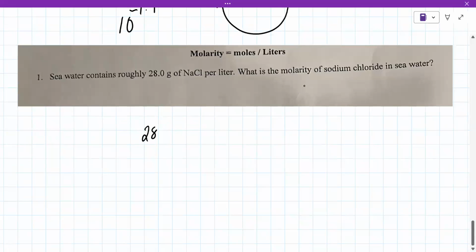You want to calculate 28.0 grams NaCl to moles. You're going to have to find the molar mass of NaCl and use that to convert to moles.